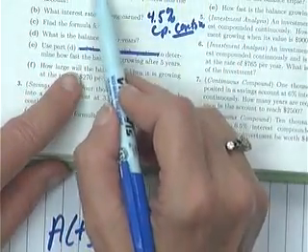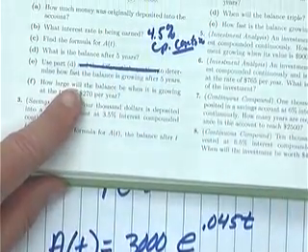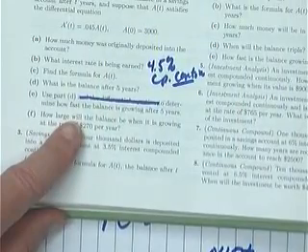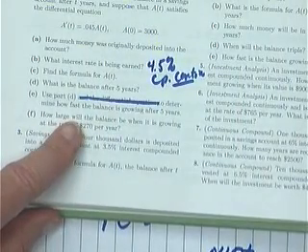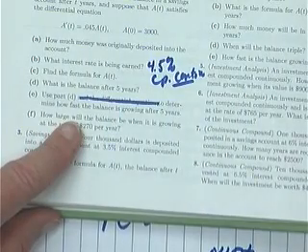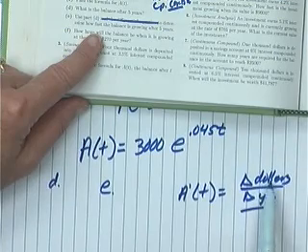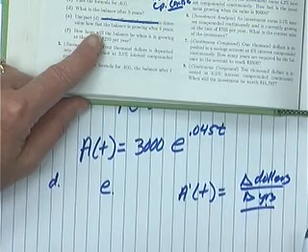When you know the balance A of t, you just put it right there. And what will the units be for the derivative? But the money is in terms of what? Dollars per year. All right, so A prime of t is change in dollars over change in years. So your units would be dollars per year when you do your derivative.